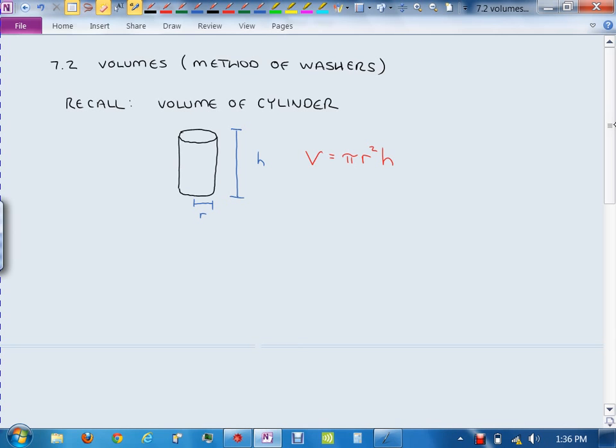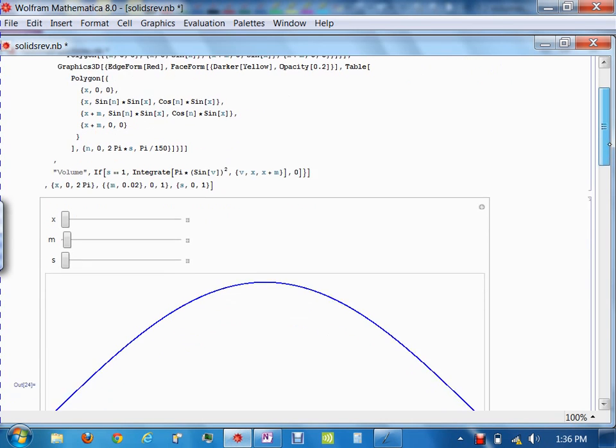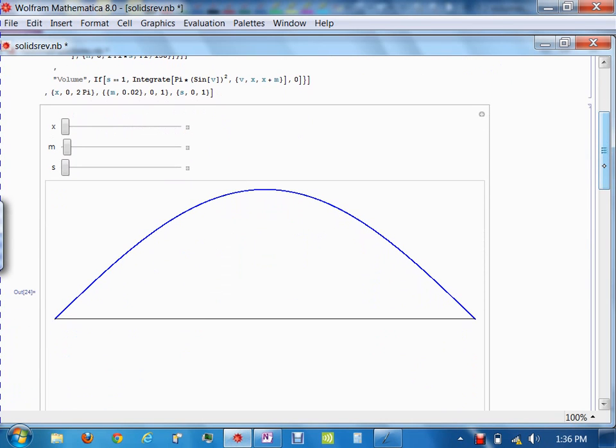Okay. Now, here's what we're going to try and do. So here's the demo, but this is like my first version of the demo. I did a lot of work to it afterward. We have this picture, a graph. And we were taking an arbitrary rectangle, right? And dx was the width of it.